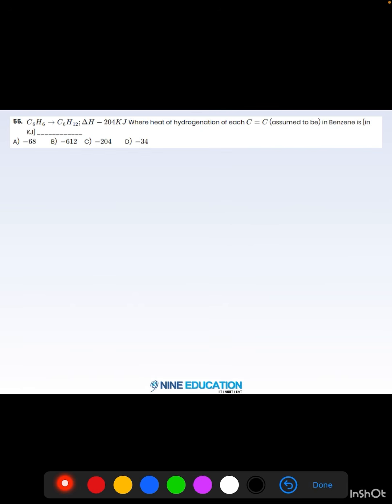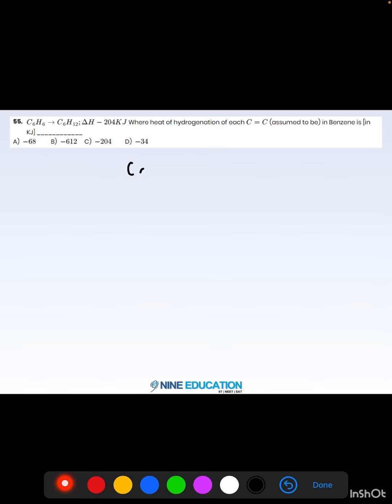Coming to question number 55, we are having a reaction C6H6 giving us C6H12, and for this delta H value is minus 204 kilojoule. Where the heat of hydrogenation of each C double bond C in benzene is, and that too we need to tell in kilojoule. Okay, so first of all let us understand the reaction.